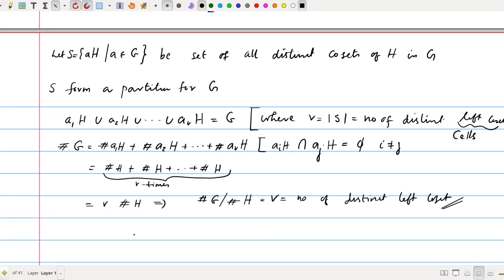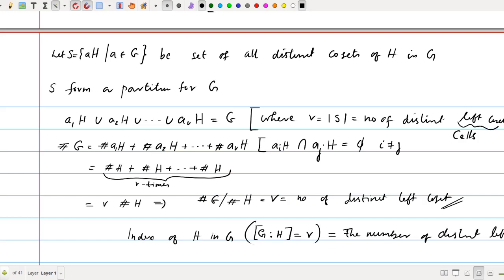The index of the subgroup H in G is denoted by [G : H]. This is read as the index of H in G. It is equal to R, the number of distinct left cosets, or you can work with right cosets as well.